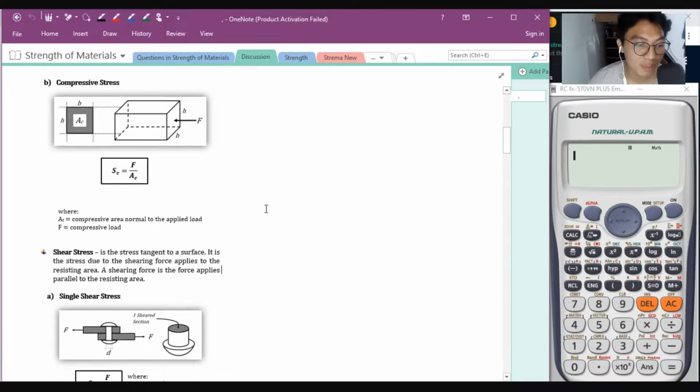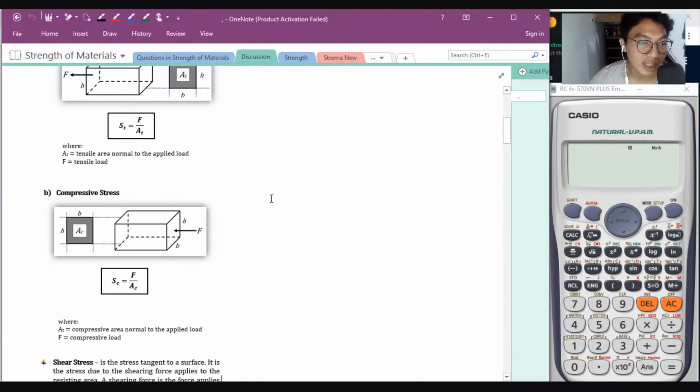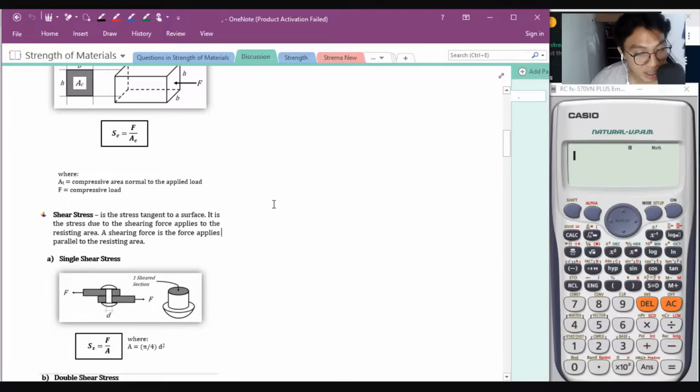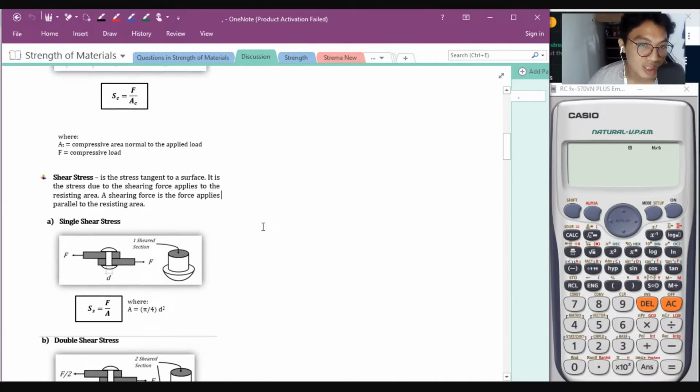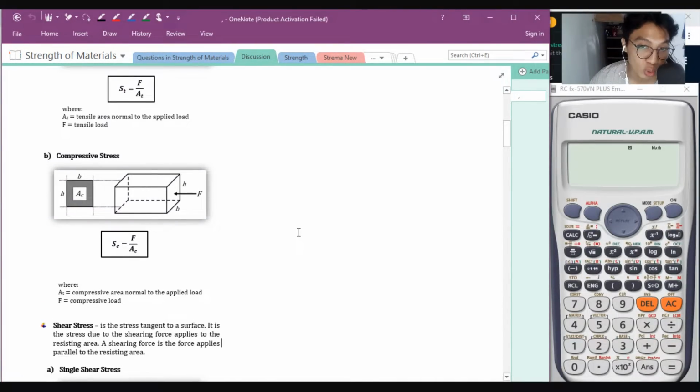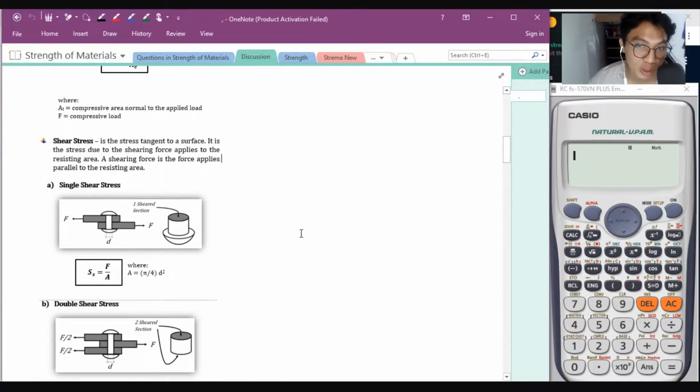Now, yung shear naman is the stress tangent to the surface. Hindi na sa cross-sectional area, but still, kinukuha mo pa rin yung cross-section area of the shear. Okay? Shearing, ibig sabihin, pinuputol mo. You apply force, you apply stress in order for you to make a shear, napuputol. Shears, ano yun? Yung gumugupit.